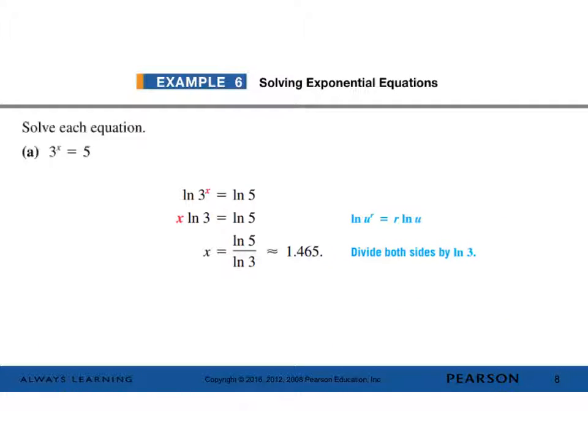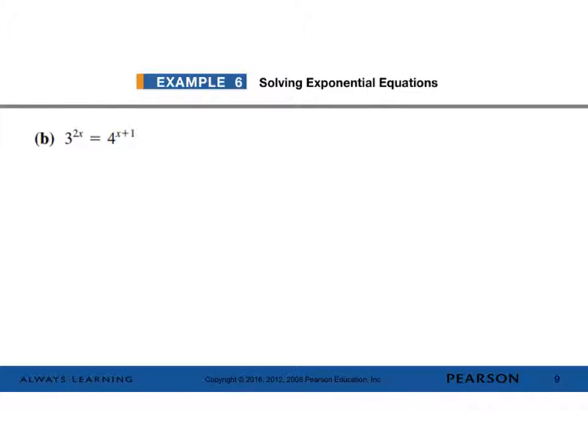Now, here we have a slightly more complicated situation. In this situation, we have two different bases to two different powers, but we're still going to apply the same principle. We're going to take the natural log of both sides.